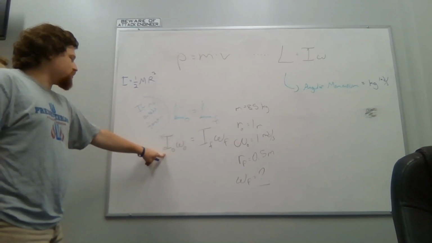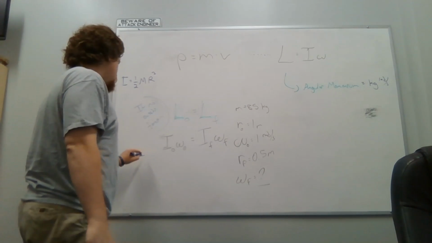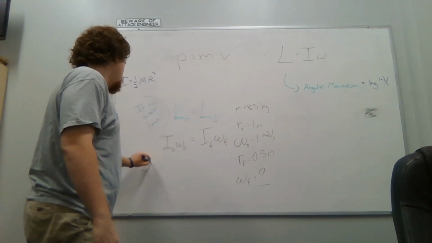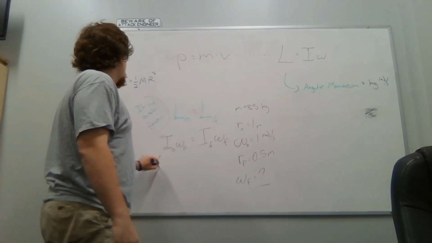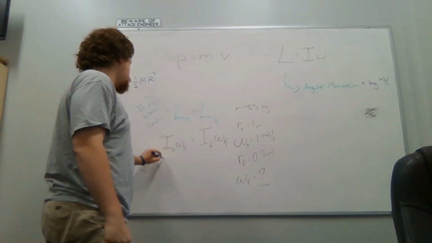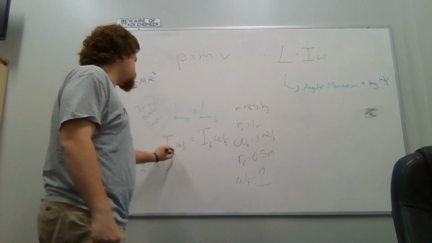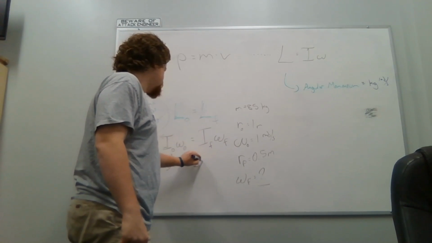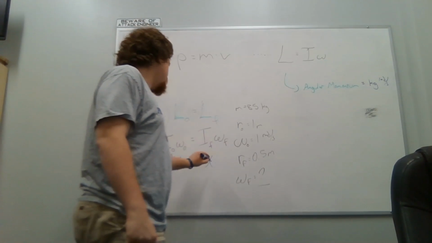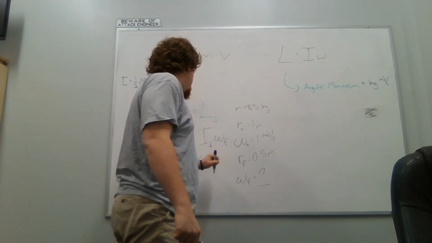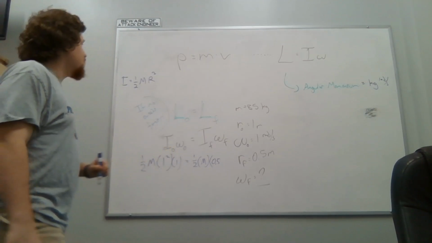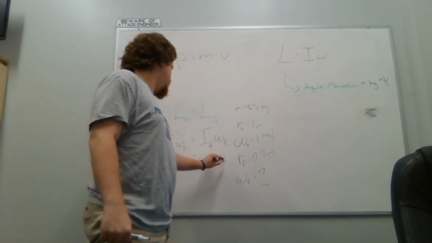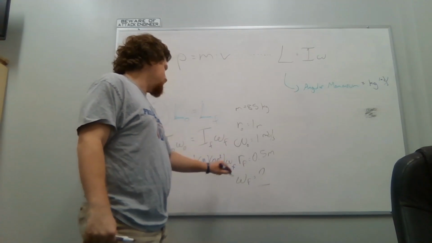So the initial moment of inertia is going to be 1/2 times the mass times the initial radius squared times the initial angular velocity, which is 1, equal to 1/2 times the mass times the final radius squared, which is 0.5 meters, and then times the final angular velocity.